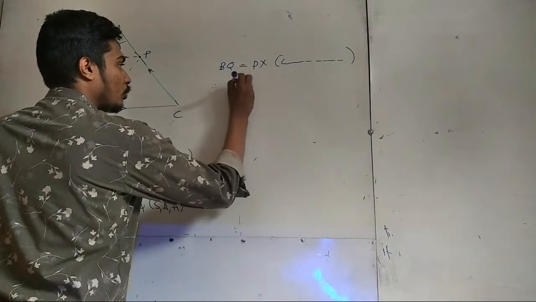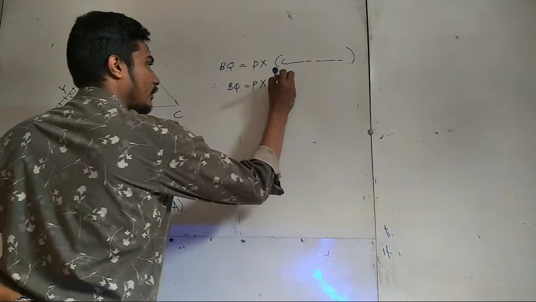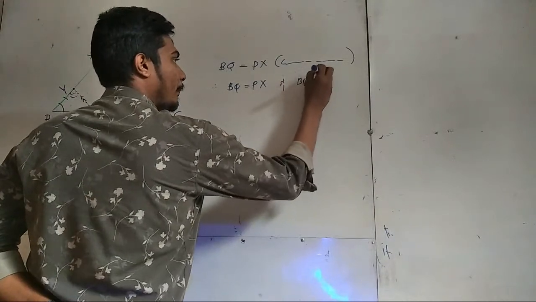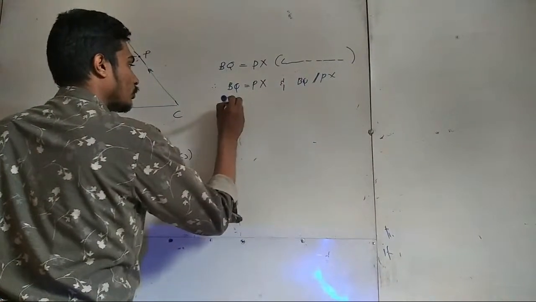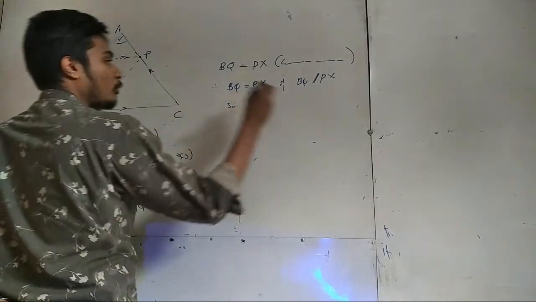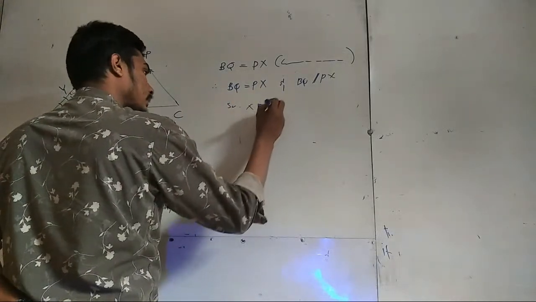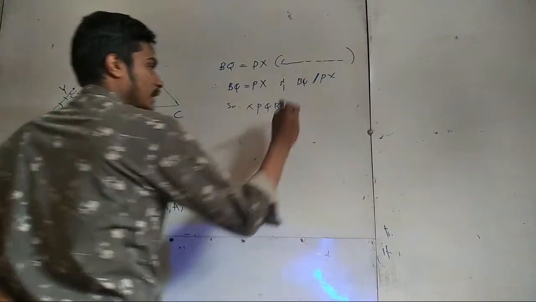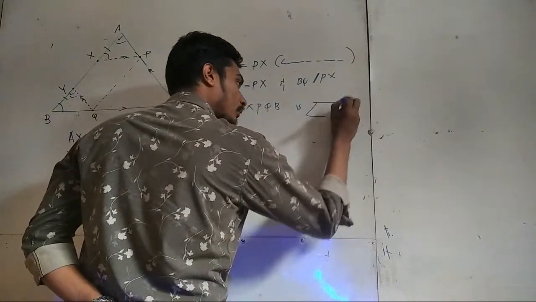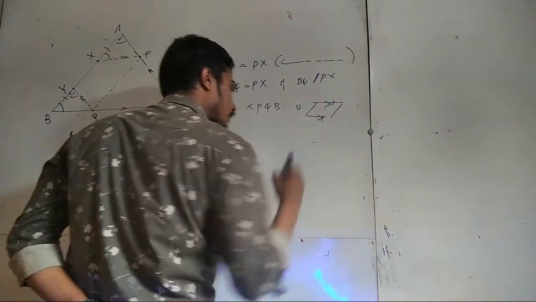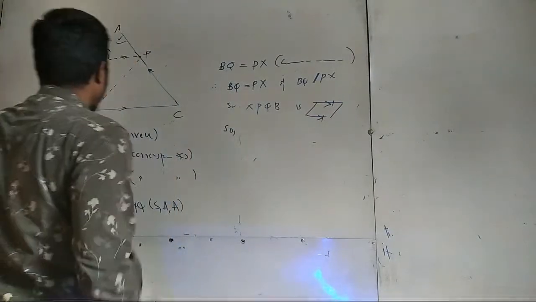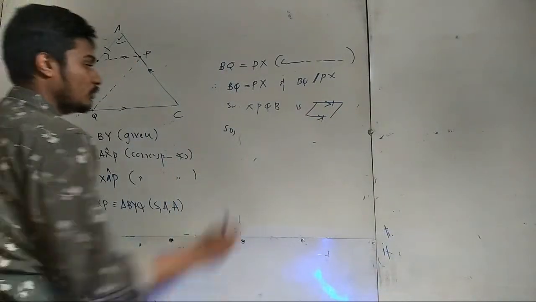Therefore, BQ equal to PX and BQ parallel to PX. So XPQB is a parallelogram. Very good. So PQ parallel to AB.